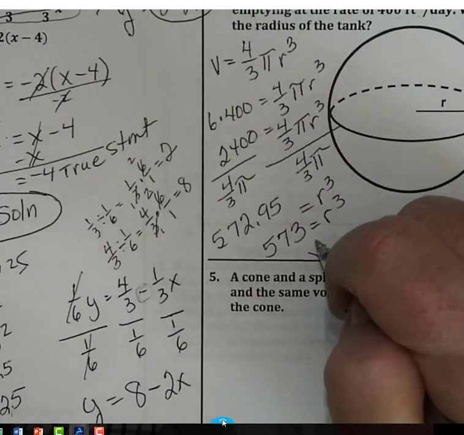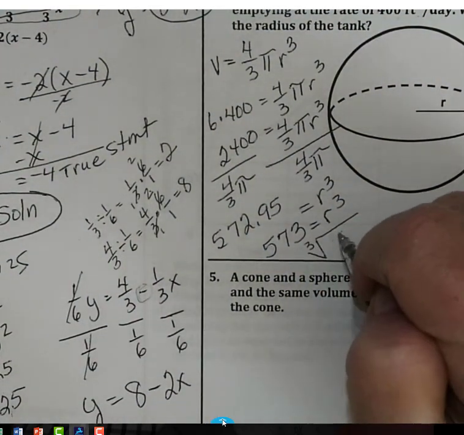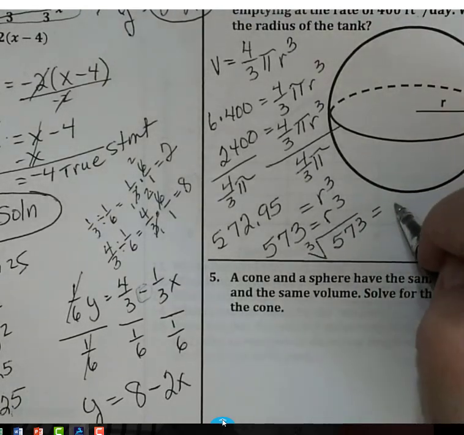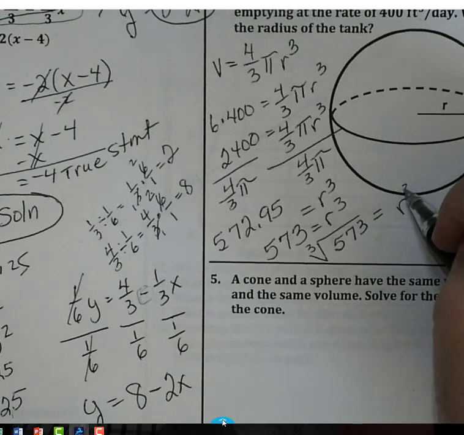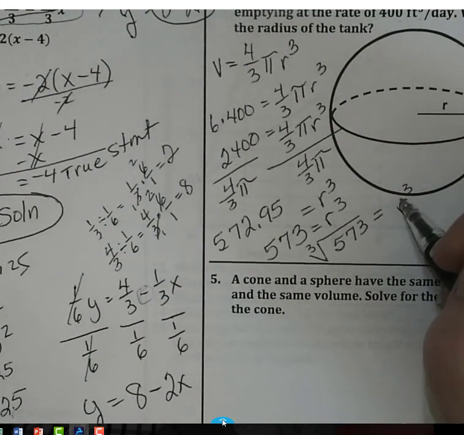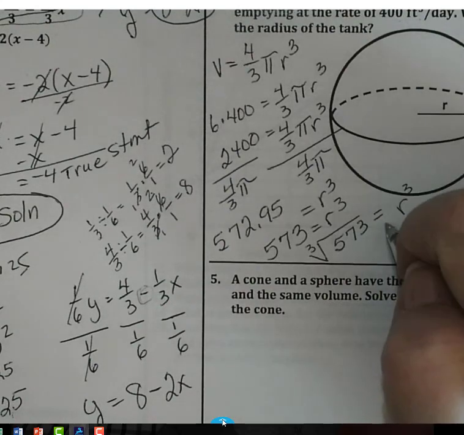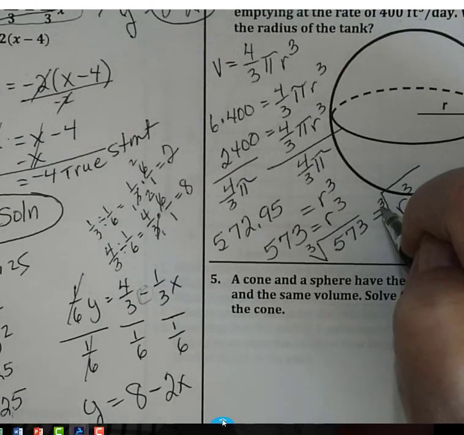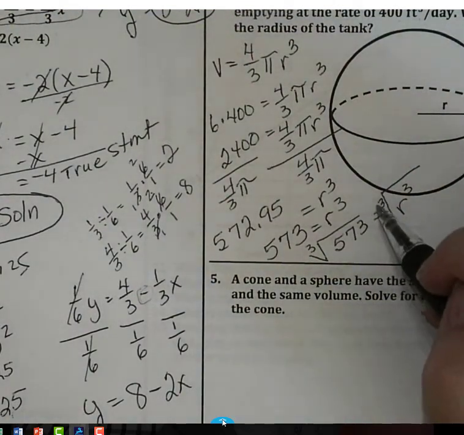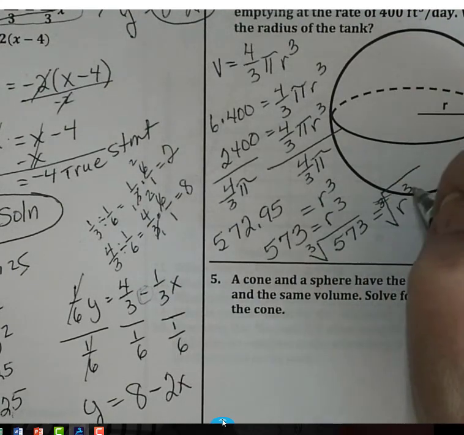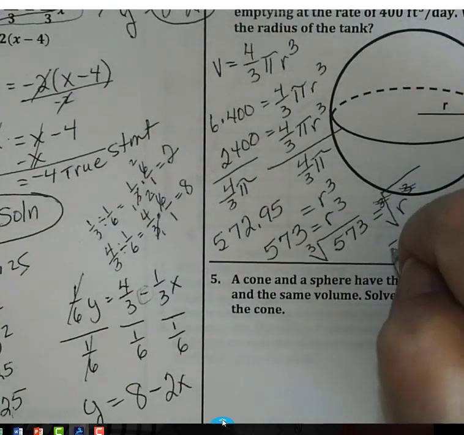And now I need to take the cubed root of 573. And the reason why I take the cubed root is because I want to know the radius. I don't want to know the radius cubed, just the radius. So I need to get rid of this cubed part. So to undo cubing, I need to take the cube root. Taking the cubed root of something cubed undoes it, just like adding undoes subtracting.